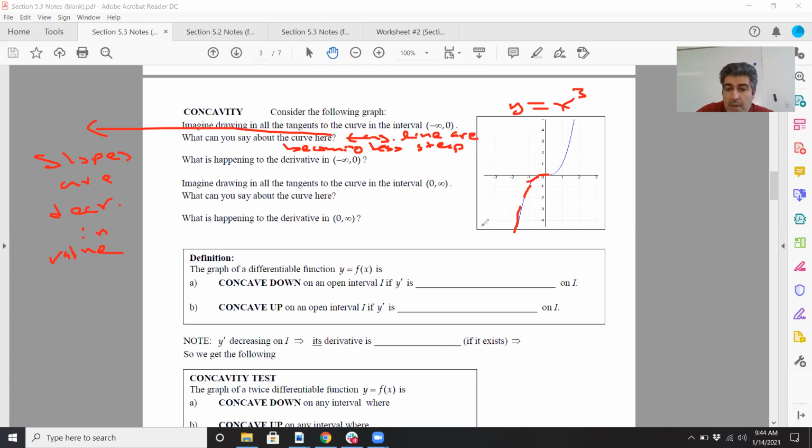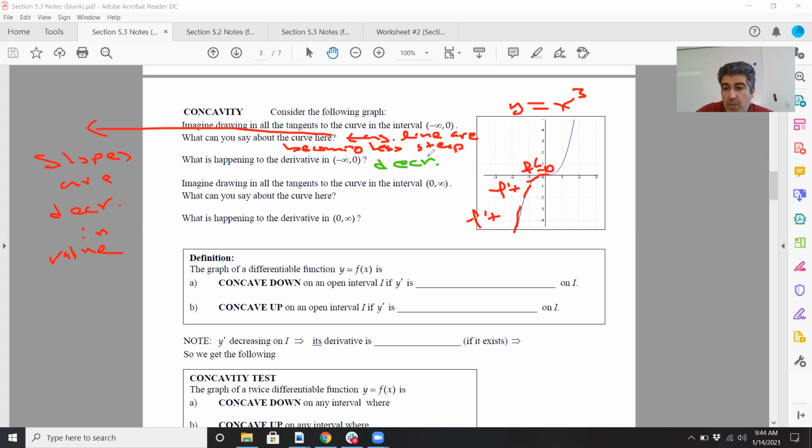It's very positive here. F prime is positive for sure here, and it's still positive here. And then F prime becomes 0 because it flattens out. So it seems as though we're becoming less and less steep, right? So what happens to the derivative from negative infinity to 0? The derivative is going to be decreasing.